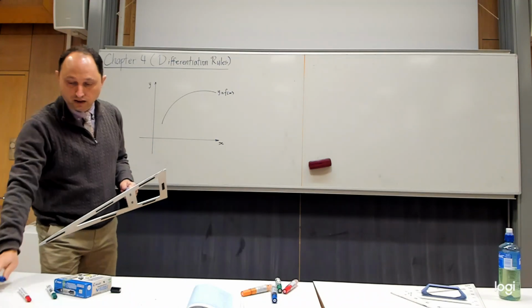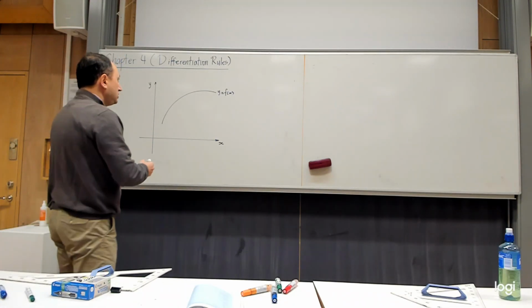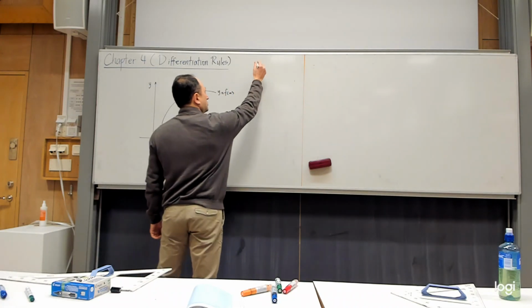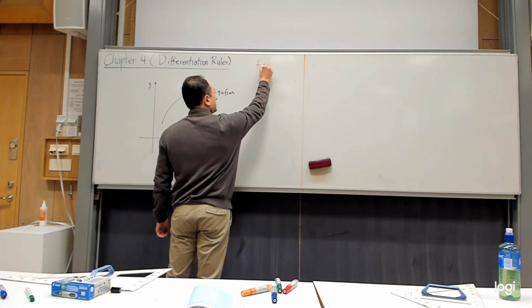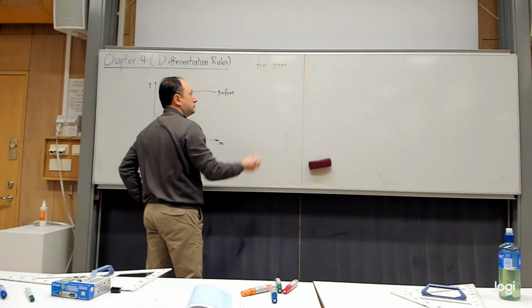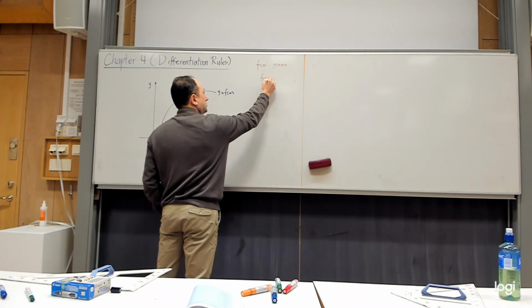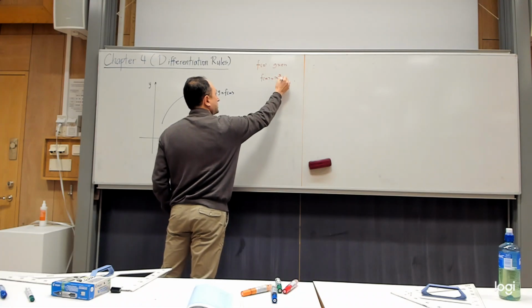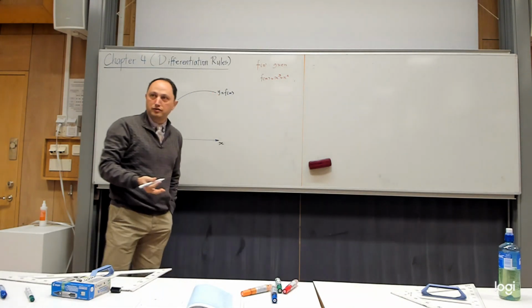So he was thinking that if you give me f of x, what do I mean by f of x given? For example, f of x is equal to x to the power of 3 plus x squared. This is a given function.